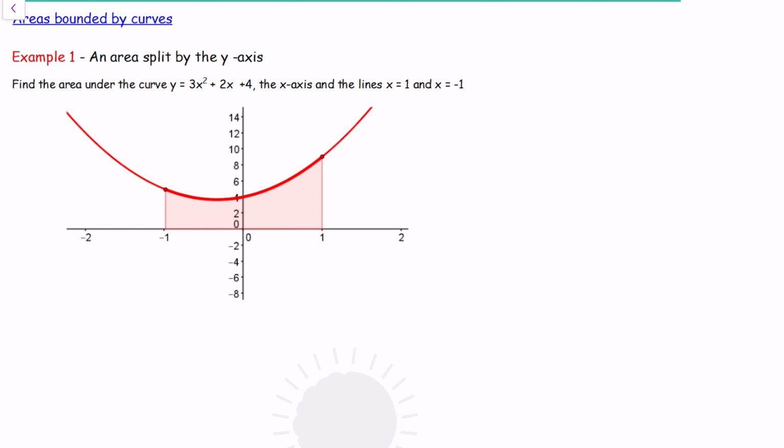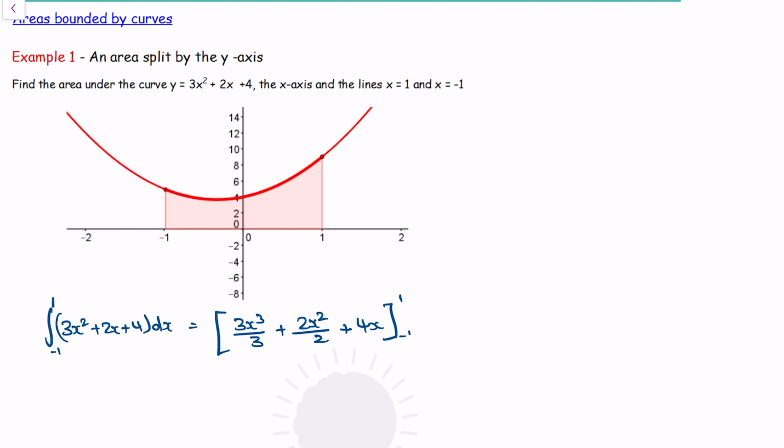So all you're doing is integrating 3x squared plus 2x plus 4 dx between 1, which is the upper limit, and minus 1, which is the lower limit. As soon as you integrate it, you get 3x cubed over 3 plus 2x squared over 2 plus 4x between 1 and minus 1.